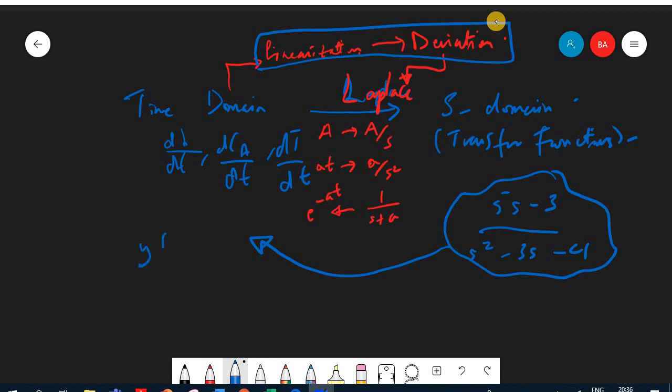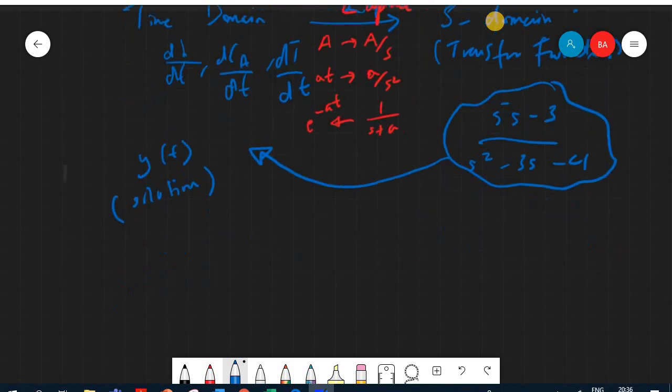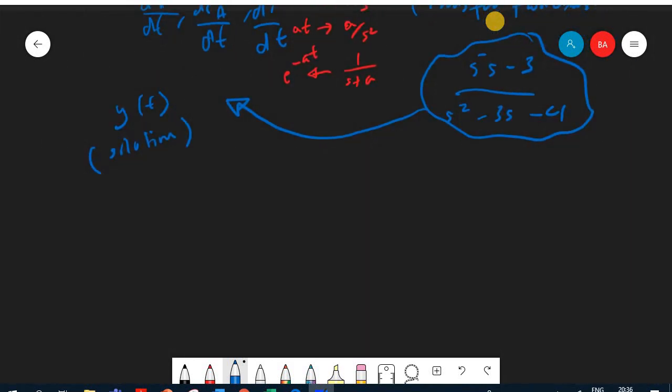We want to take it back to y of t, which is the solution. That is our goal in this place. So we're going to take some examples.